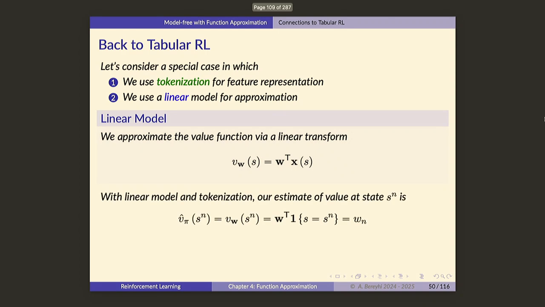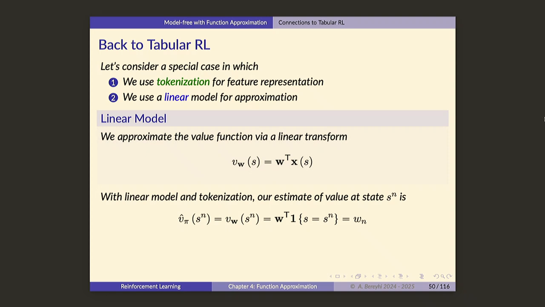OK, so let's consider this case. Say I am in one particular state Sn, one of the possible states. My model, which is V_w, that linear model, is going to get this weight vector multiplied with a one-hot vector. That one-hot vector is 0 everywhere. It's only 1 when your state is Sn.